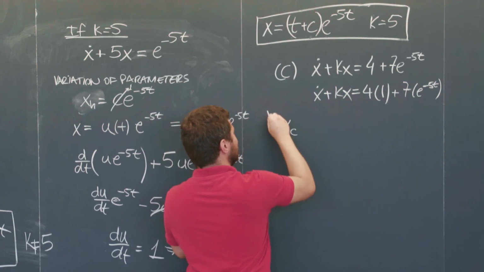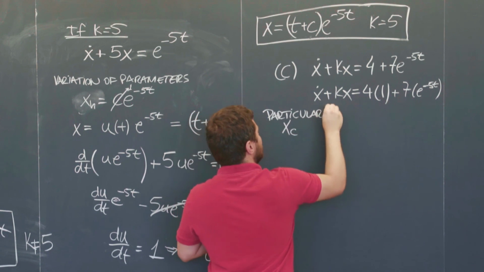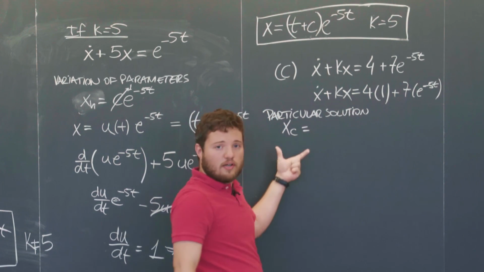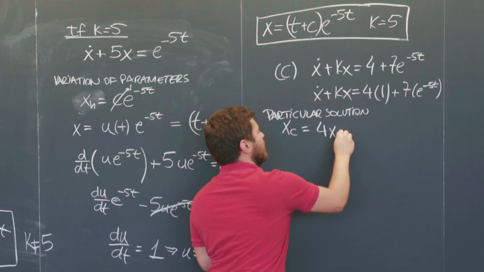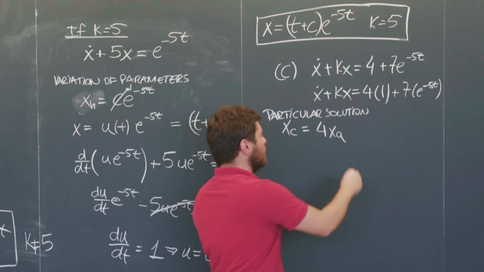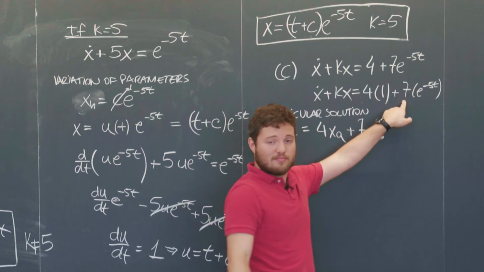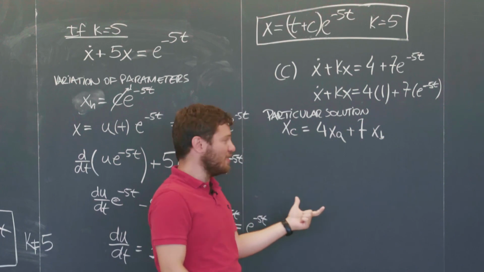So the particular solution for part C is recovered by multiplying the solution for part A times 4 and the solution for part B times 7. Note that once again, this is the particular solution.